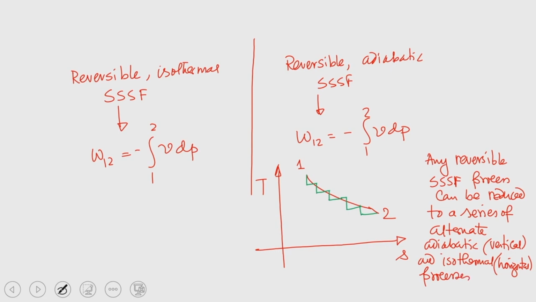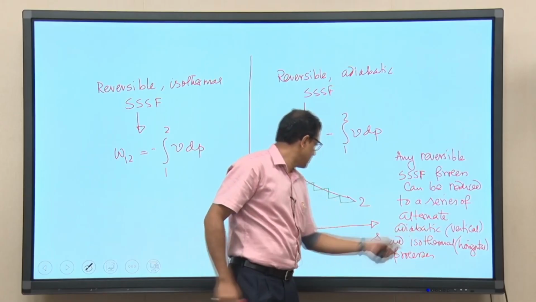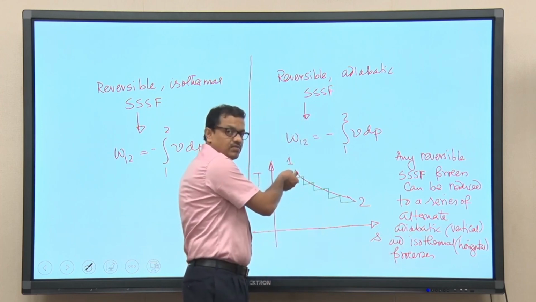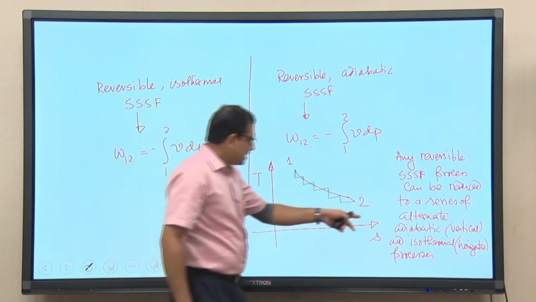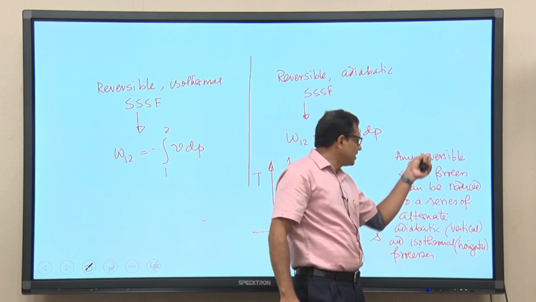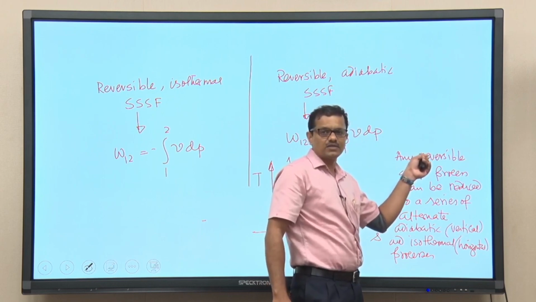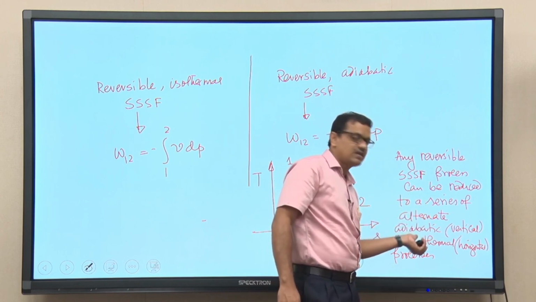Any reversible steady state steady flow process can be reduced to a series of alternate reversible adiabatic and reversible isothermal processes. I did not write reversible again, but reversible adiabatic is the vertical line, and reversible isothermal is the horizontal line. Here I did not write the word reversible because the process is reversible.